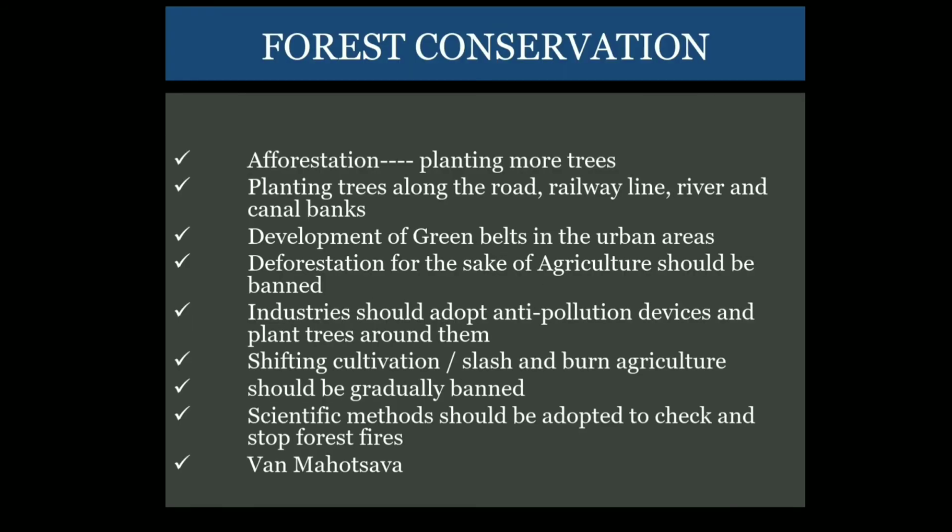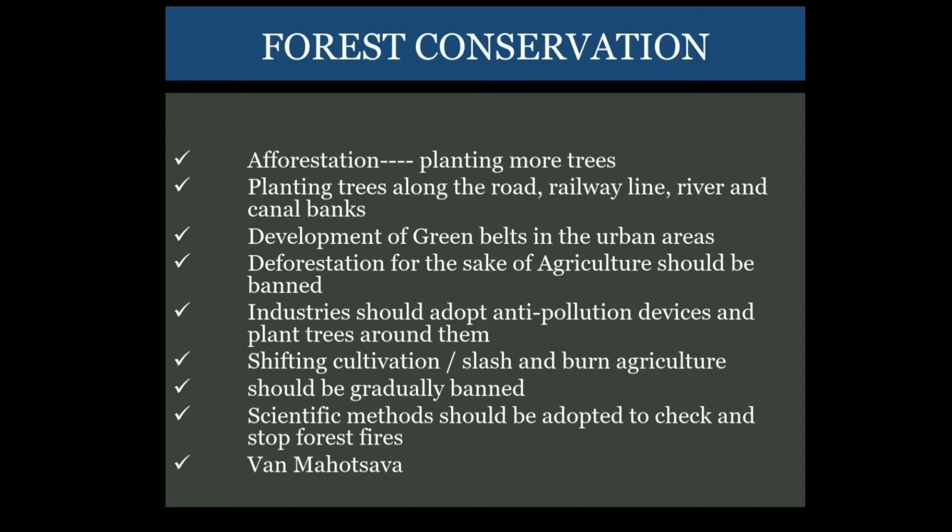Forest conservation. Some steps have been taken to sustain forest resources. Remember, these points are very important and often asked in the board examination. Afforestation means planting trees along the road, railway line, river and canal banks.